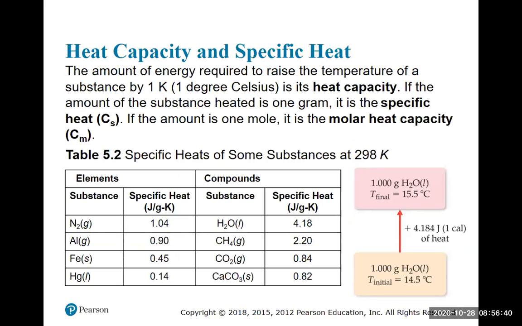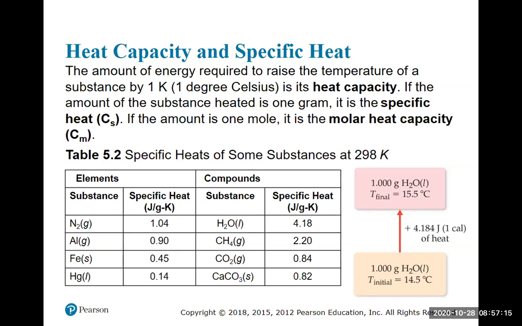We talked about heat capacity and specific heat. So heat capacity, specific heat, and molar heat capacity. Make sure it's clear in your mind the difference between those three terms. Heat capacity is simply the amount of energy needed to raise the temperature of a substance by 1 K or 1 C. That's the heat capacity.